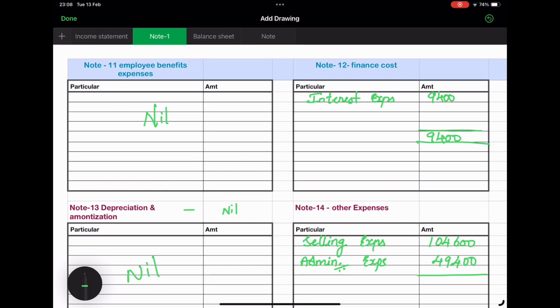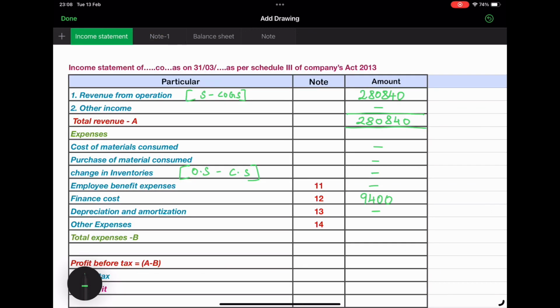If you add both selling and administration expenses, we'll be getting 1,54,000 as the value. So in note 14 we have to write this value. Okay, so note 14, 1,54,000.